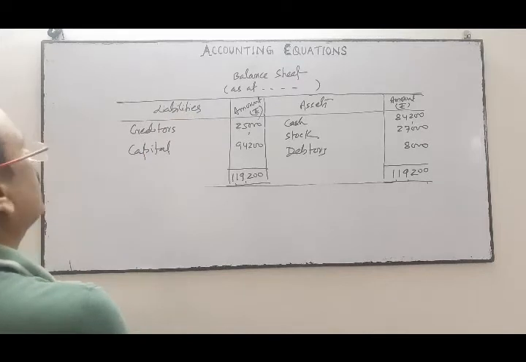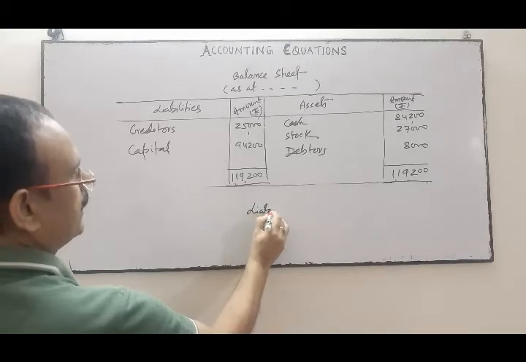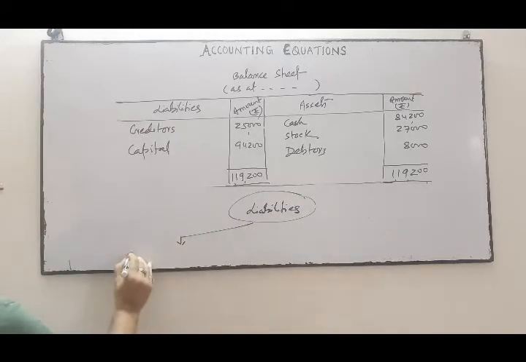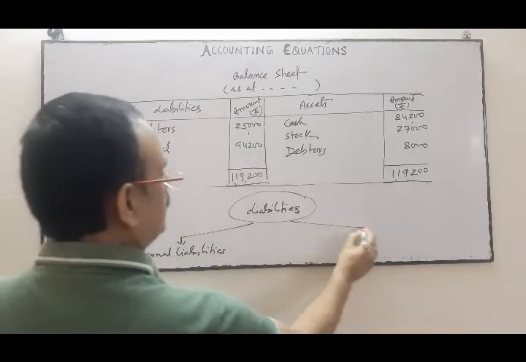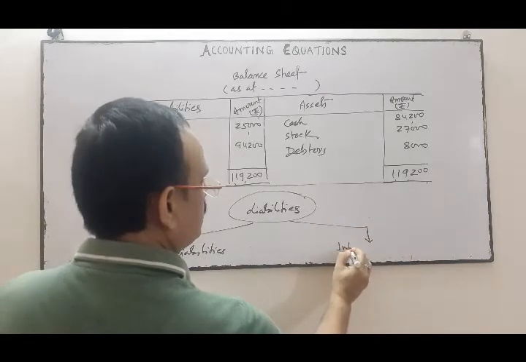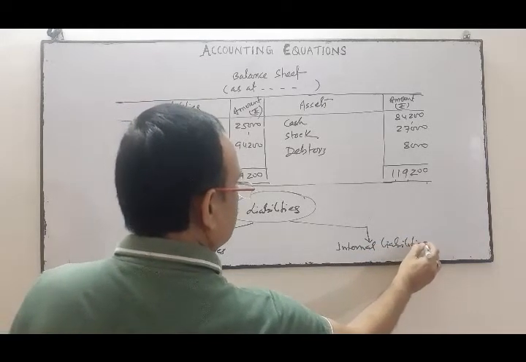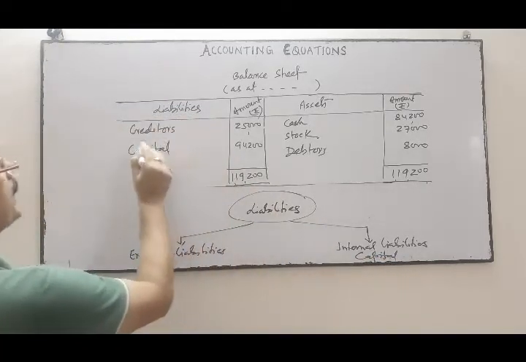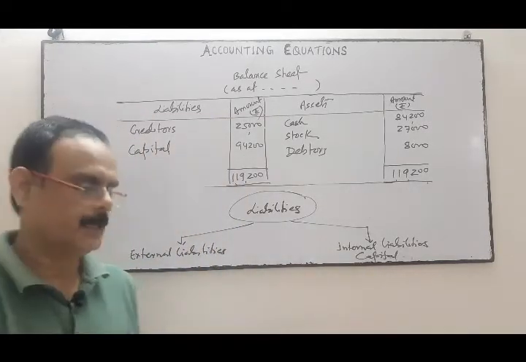Liability consists of both. When I am talking about liabilities, it means external liabilities and internal liabilities, which is called capital. Capital is your internal liability, and creditors are your external liability, outside the business.